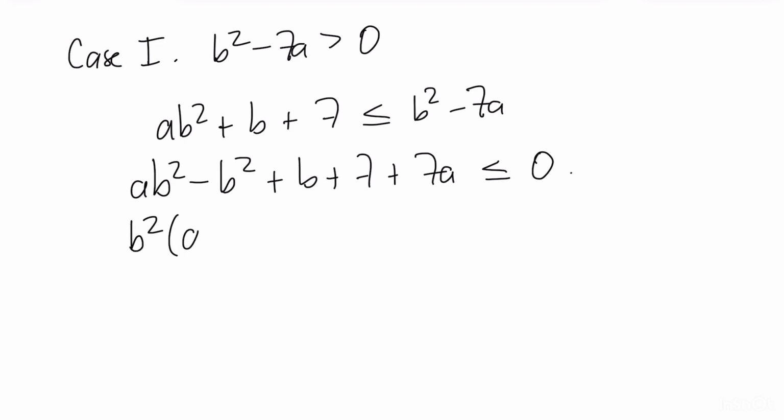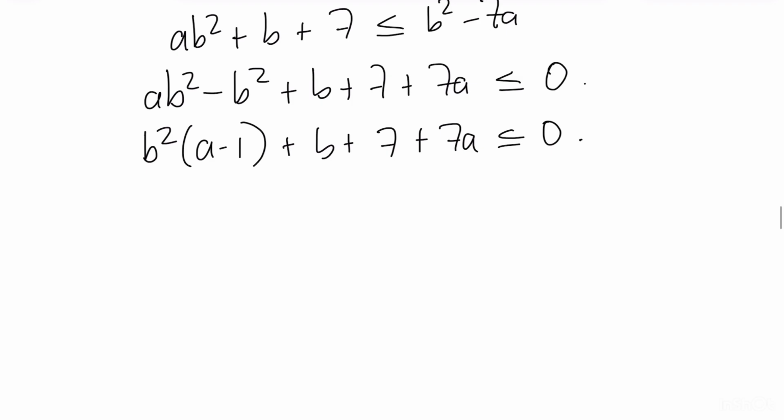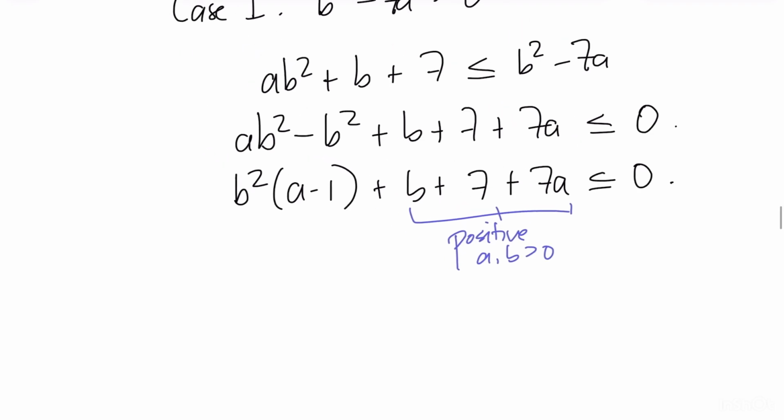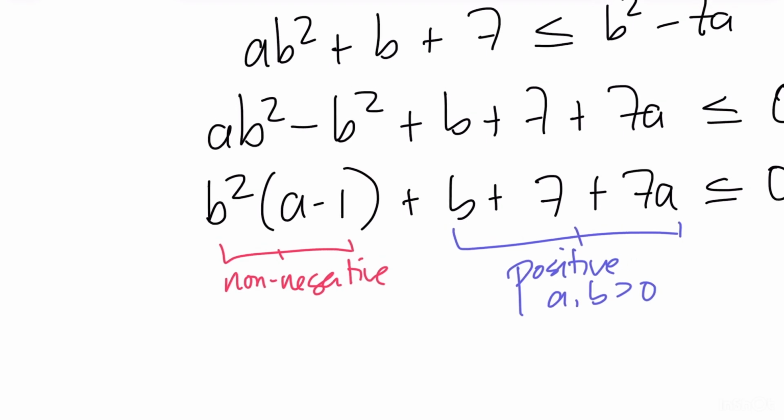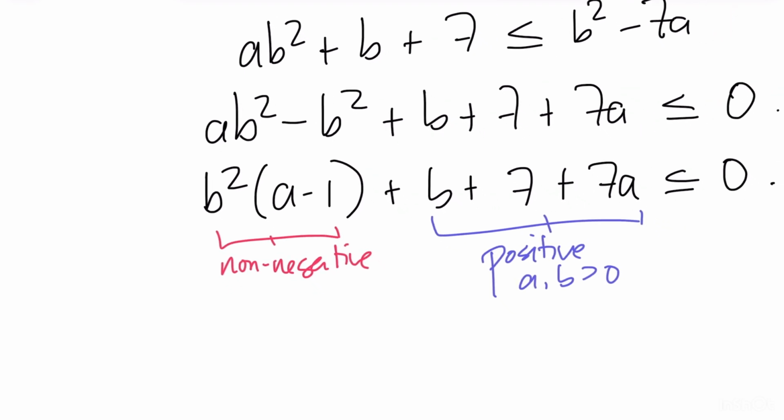I'm going to factor b squared out. There. Now we know that b plus 7 plus 7a is always positive because a and b are greater than 0. And also this is non-negative, because the lowest value that b squared times the quantity a minus 1 can be is 0, for example when a is 1.